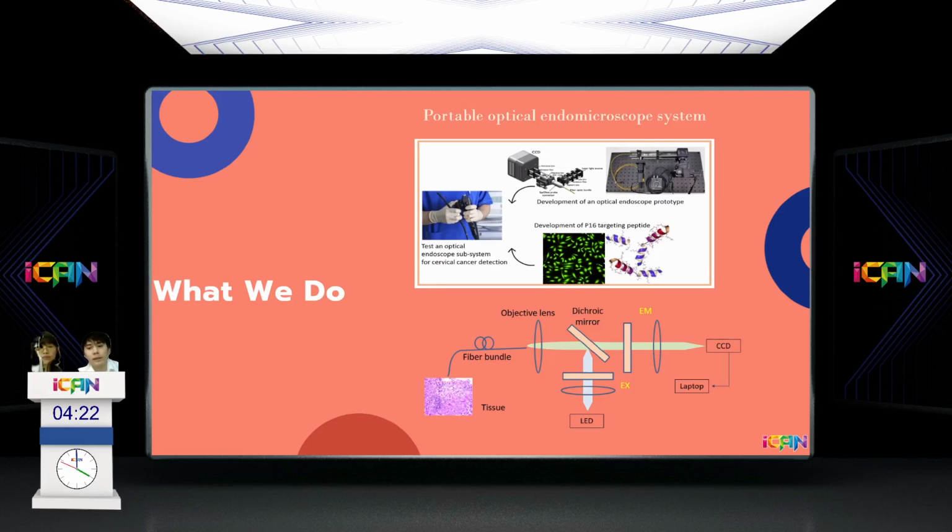The next thing we need is the excitation filter and emission filter. The excitation filter selects the wavelength to excite the appropriate fluorescence dye, and the emission filter selects the appropriate wavelength that the fluorescence molecule emits back to our microscope system.